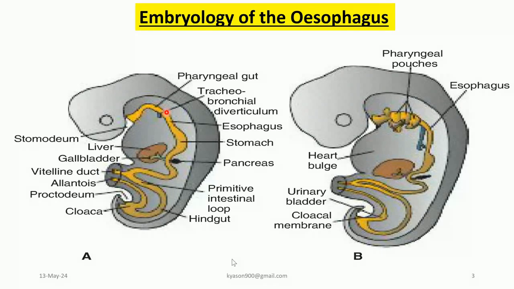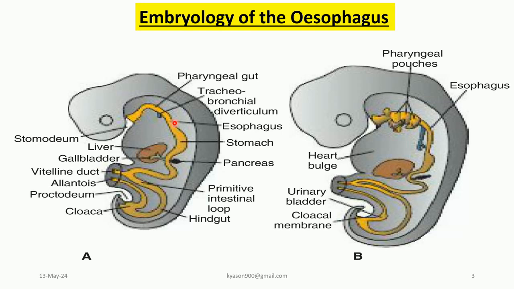Yes, Agnes, how did we call it last time? The foregut. Then the mid portion that is herniating. This is the midgut. Then the caudal end is the hindgut.